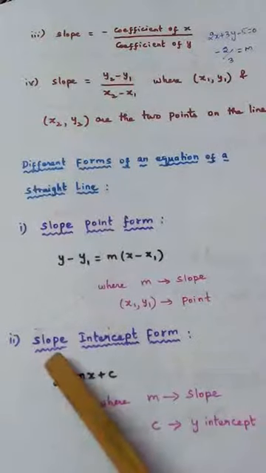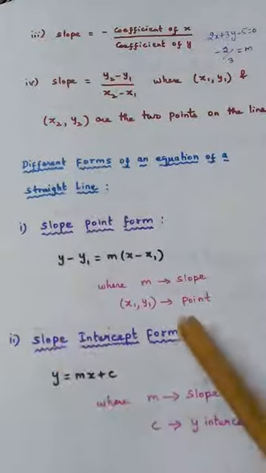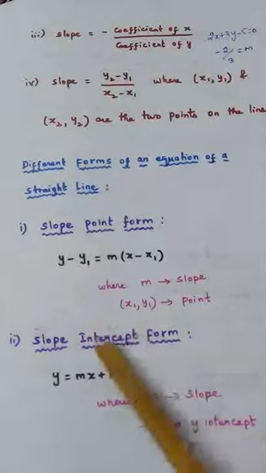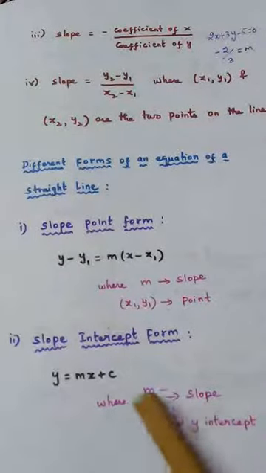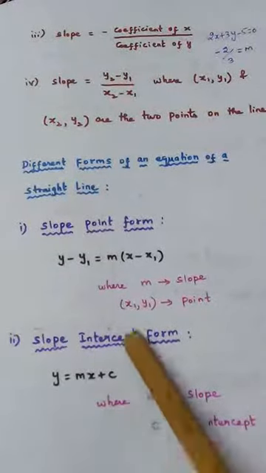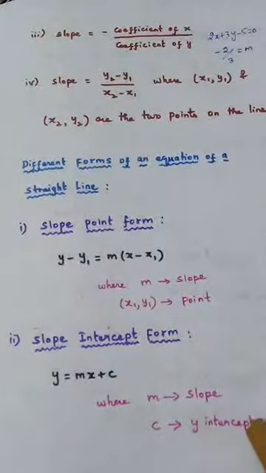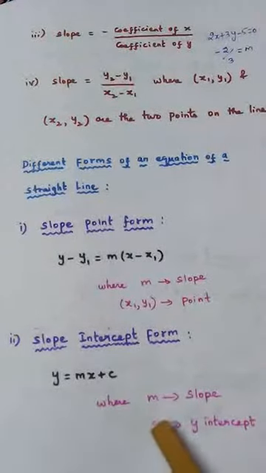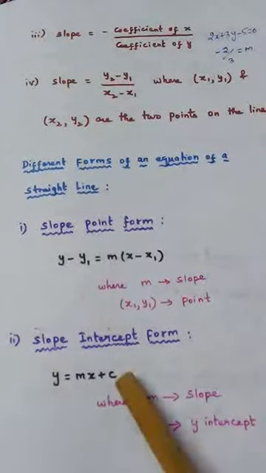Second subdivision, that is second form, slope intercept form. Here intercept means y-intercept. Again slope means m. Intercept is nothing but y-intercept. We will just give the symbol as c. C means y-intercept. The symbol is our wish. If I put b, I should use b here. If I put a, I should use a here. That's it.